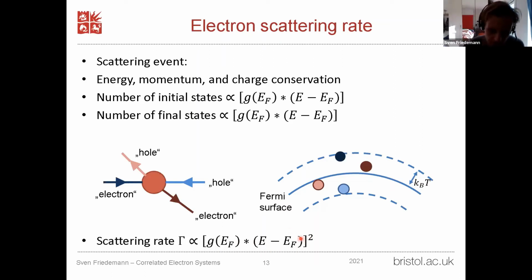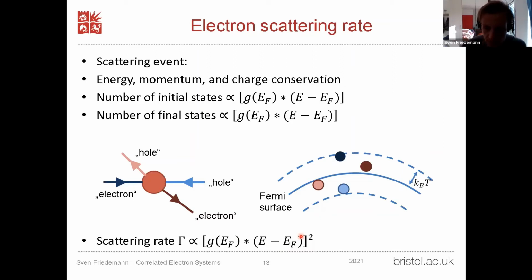So the available states determine the magnitude of the scattering rate for such events. The total scattering rate is proportional to the energy squared, energy relative to the Fermi energy. So it's all about what is the number of initial states, what is the number of final states available, and that determines the total scattering rate.